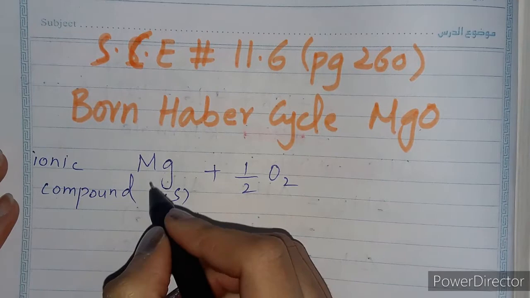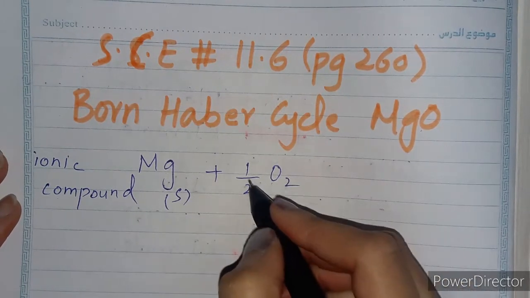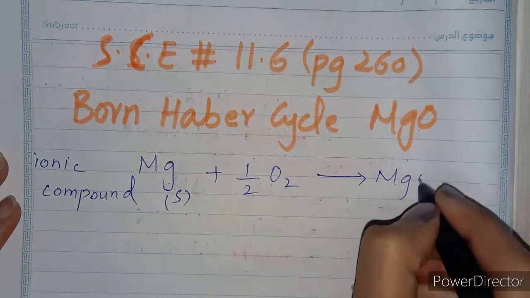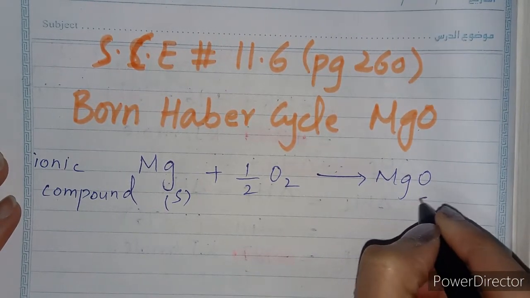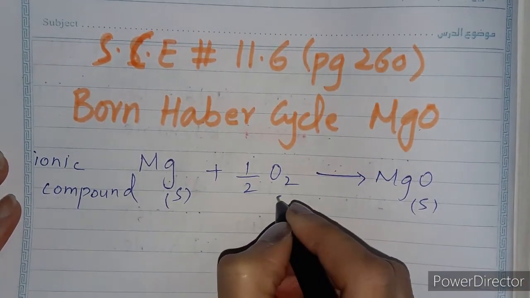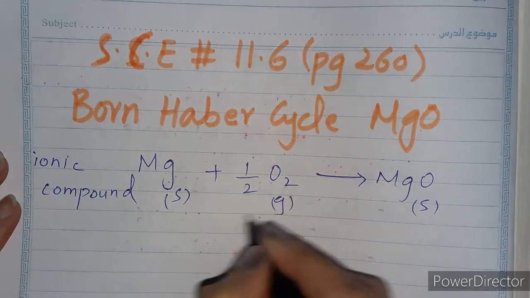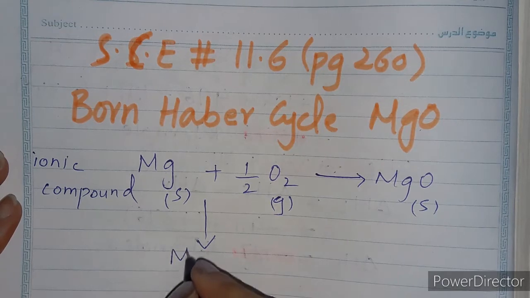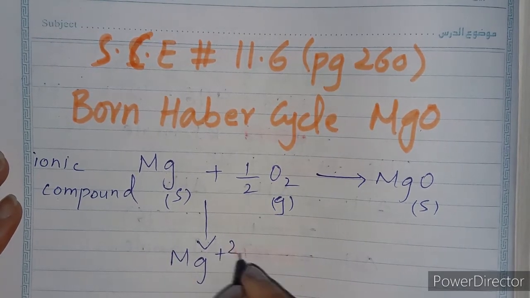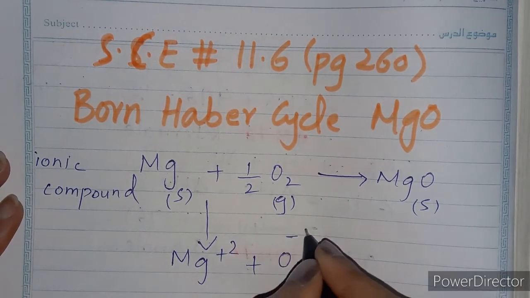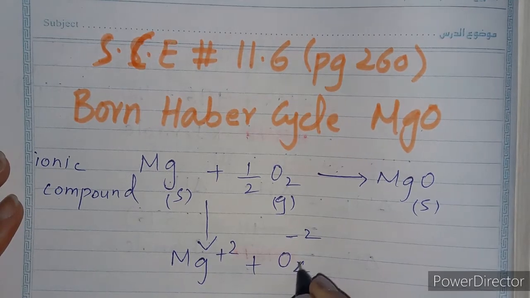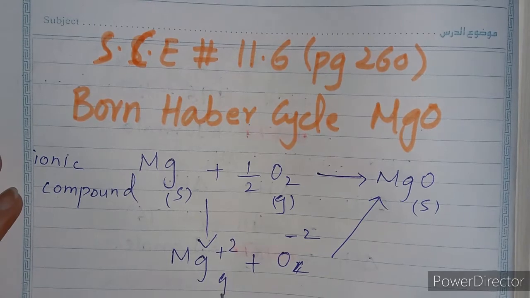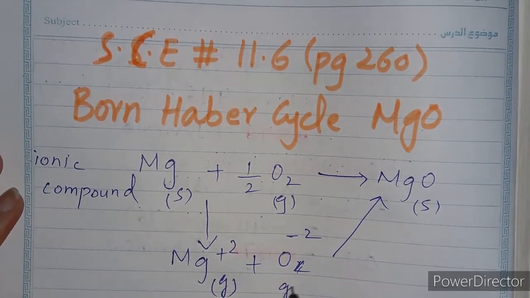So Mg plus half O2 gives MgO, which is a solid, and this forms Mg2+ plus O2-, which are gases.